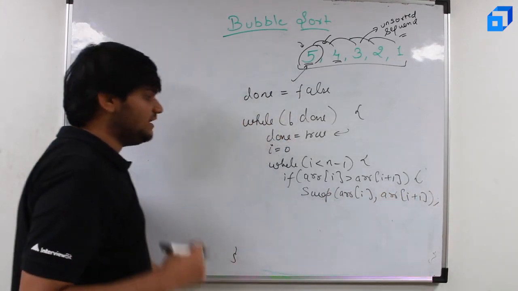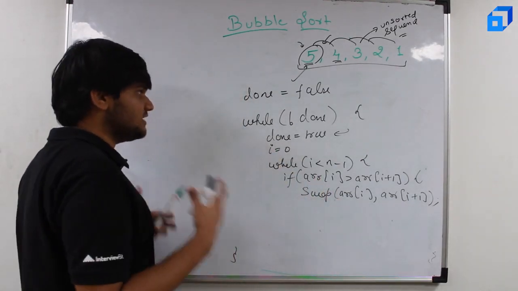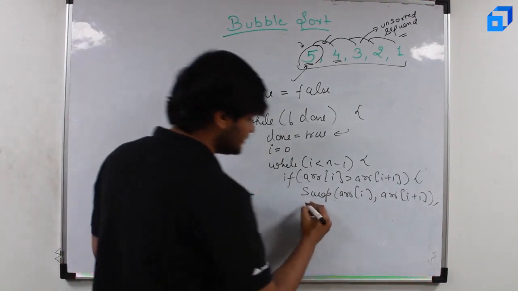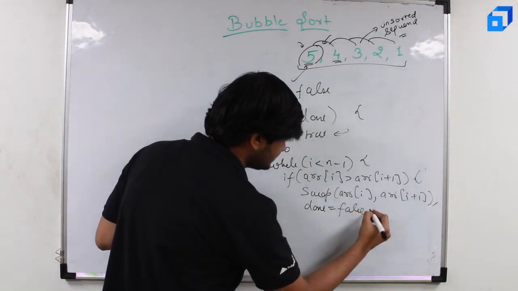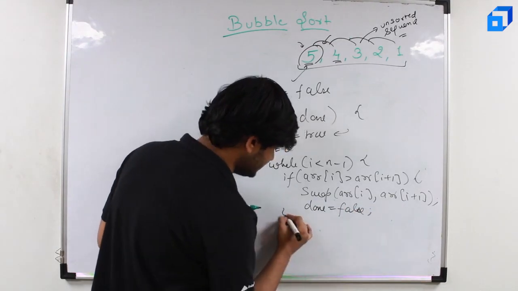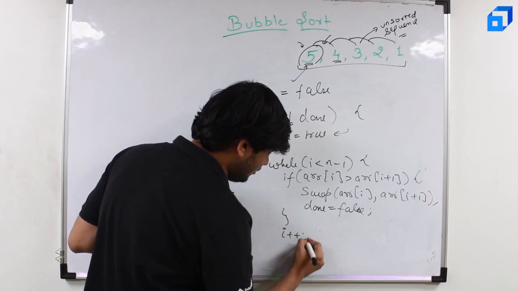And as I said, if any one swapping is occurring, then we are at an unsorted sequence and we are supposed to sort the sequence. So we will mark this done variable as false, right? We will close this if conditional and increment the value of i, right?